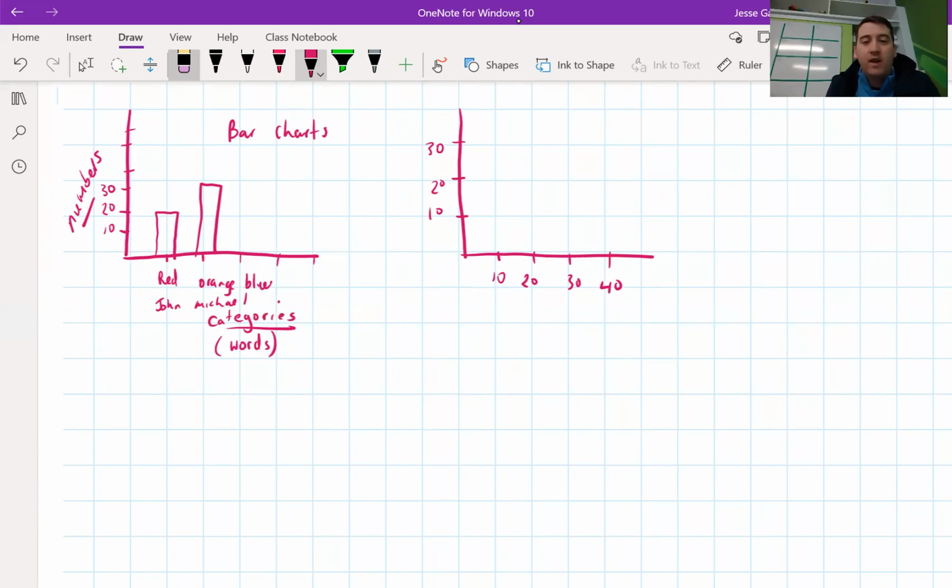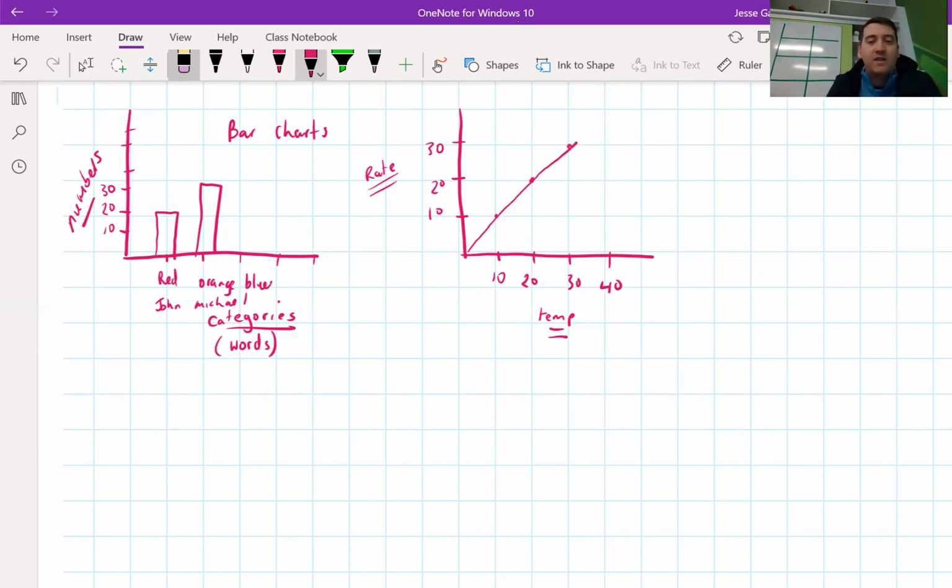So if this shows temperature and this shows, say, the rate of a reaction, then we use a line graph. So say when the temperature is 10, the rate is 10. When the temperature is 20, the rate is 20. We plot points like this. When the temperature is 30, the rate is 30. And then we usually draw a line of best fit through the points like this.